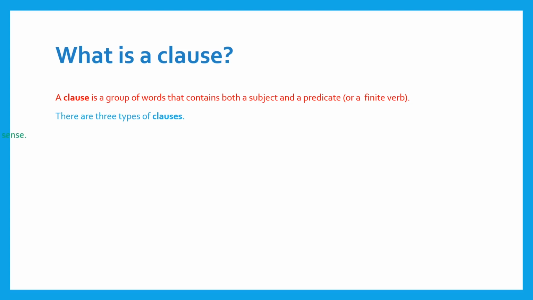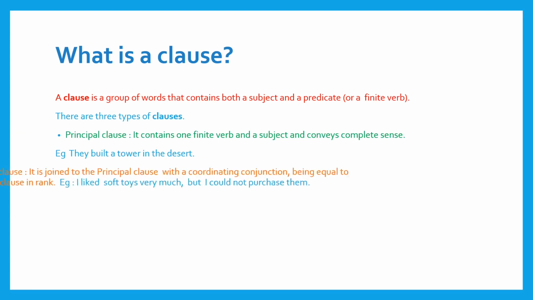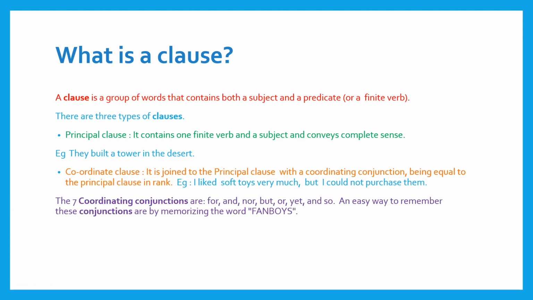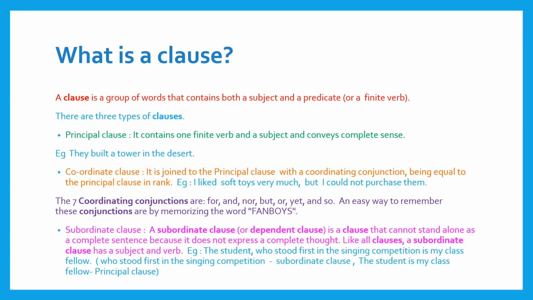And there are three types of clauses: the principal clause, the coordinate clause, which has equal ranking of principal clauses on either of the sides, and they are connected with the help of the 7 coordinating conjunctions, and one of the easier ways to remember them is to memorize the word fanboys, and subordinate clause.